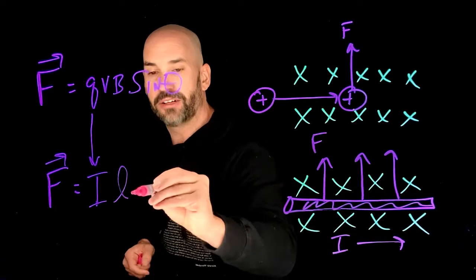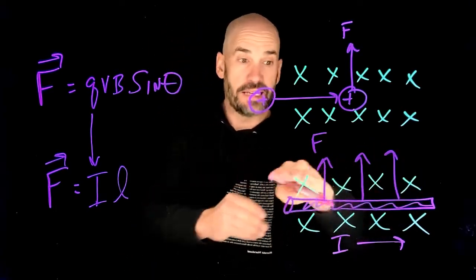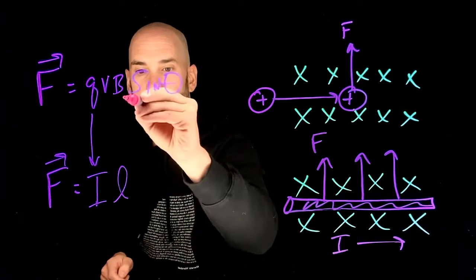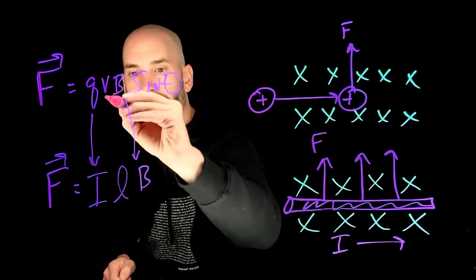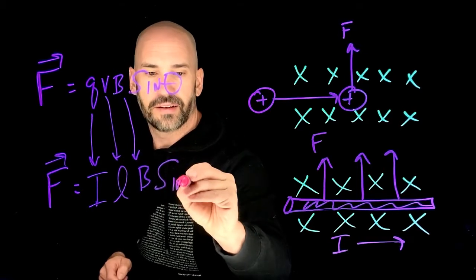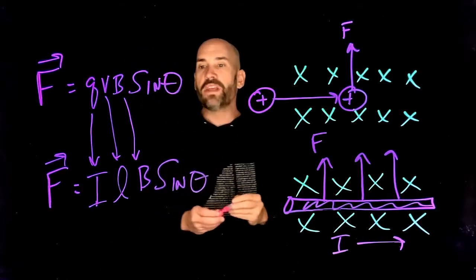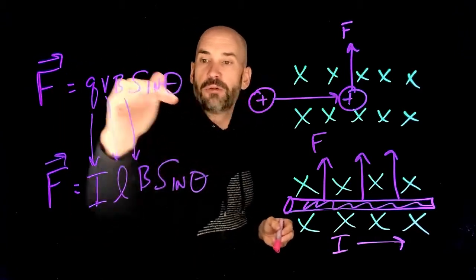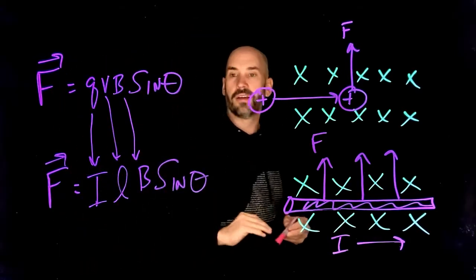So we have L here, which is the length of the wire inside the magnetic field. B is still just B, and sine theta is still just sine theta. So we can turn the force on one single particle into a force on an entire wire.